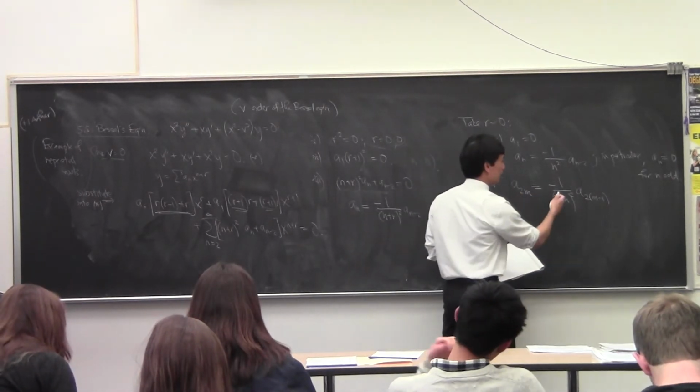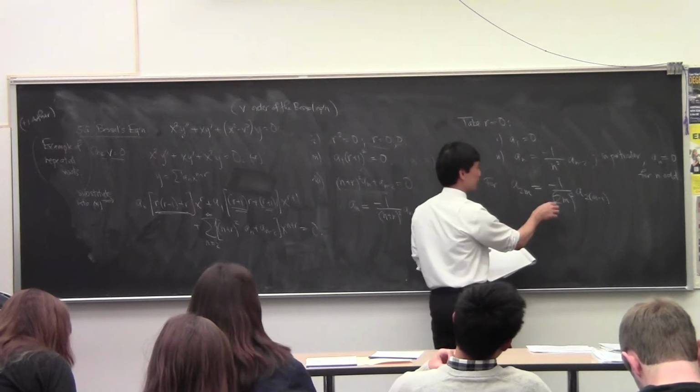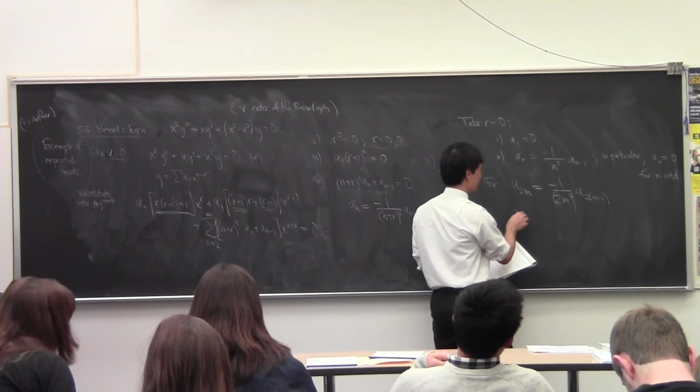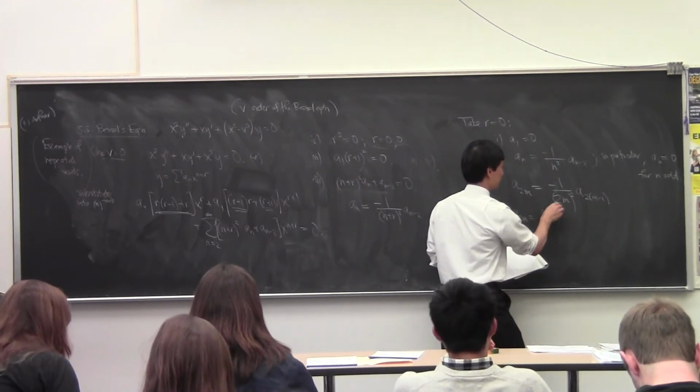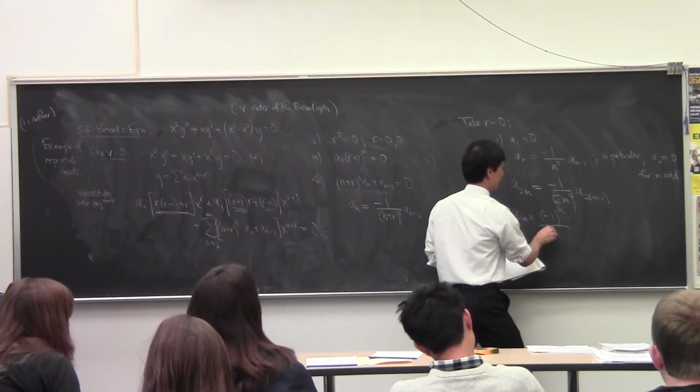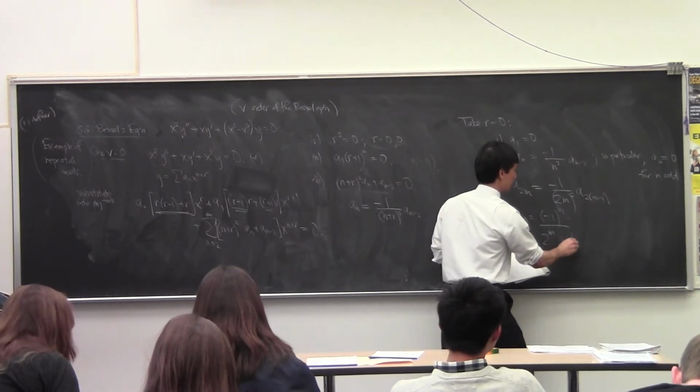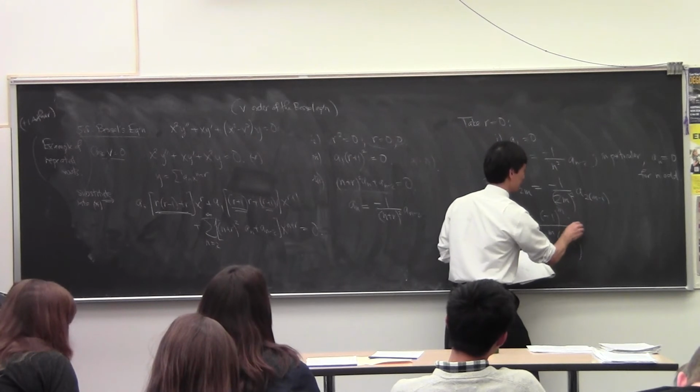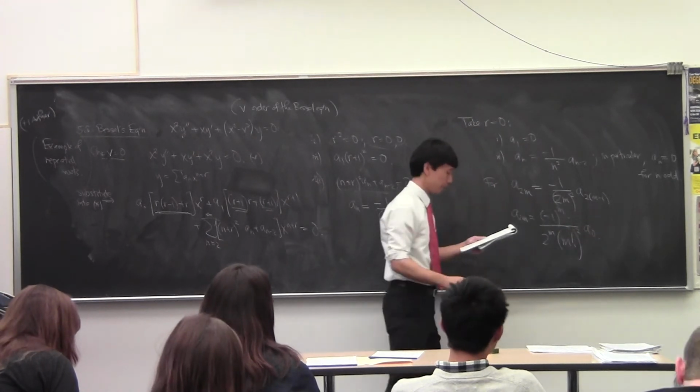And if we step down another, you see what's going to happen. A sub 2m is going to be (-1) to the m over 2 to the m, m factorial squared, times a naught.